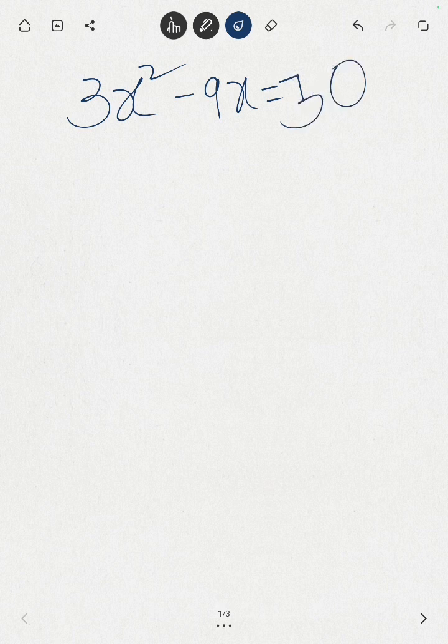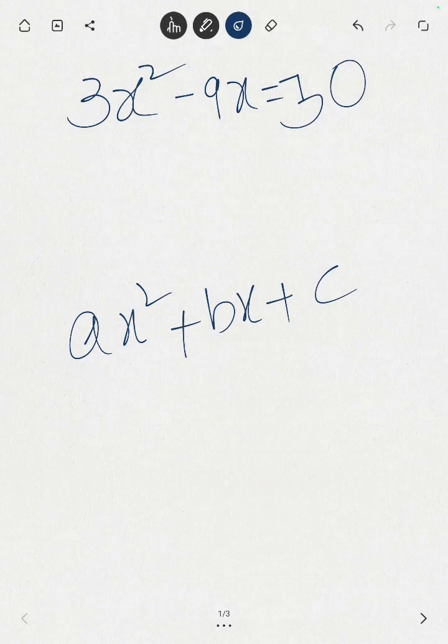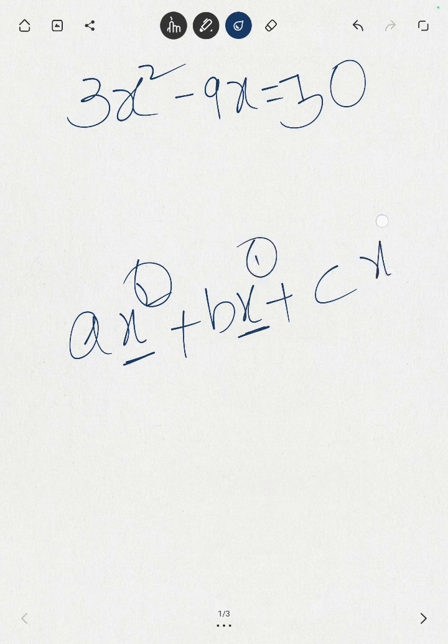In order to say whether it is a quadratic equation or not, or in order to create a graph for this, we have to convert it into standard form. This is the general form of a quadratic equation, but let's know what the standard form is. If we arrange the powers of the variables, x power 2, x power 1, x power 0, in descending order, we call it standard. So keep this in mind.